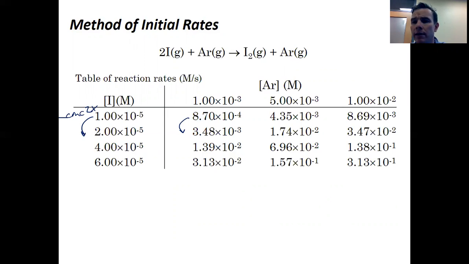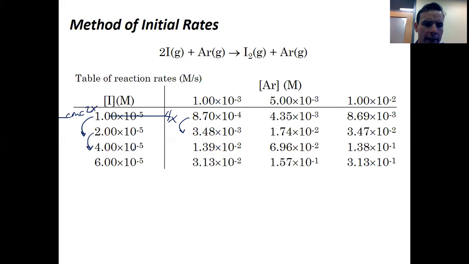If I double it, that's like 17 times 10 to the minus 4, or 1.7 times 10 to the minus 3. This is not 1.7. In fact, if I double 1.7 again, you would end up at 3.4. So I've doubled it twice. This has gone up a factor of 4.